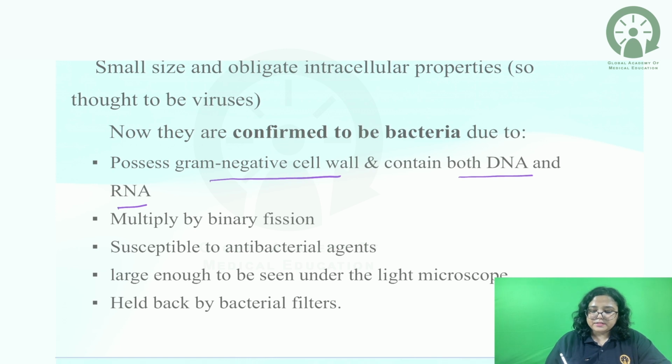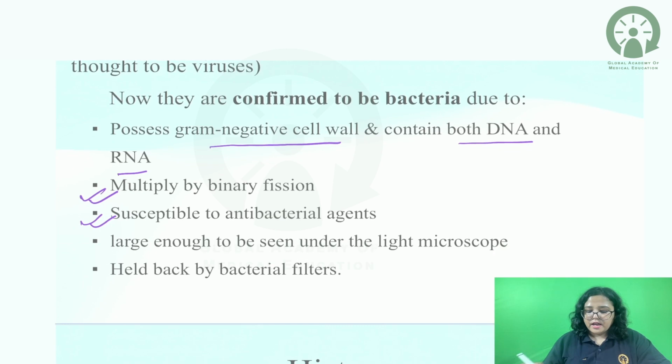Their cell wall contains lipopolysaccharide and peptidoglycan. They multiply by binary fission, are susceptible to antibacterial agents, and are large enough to be seen under the light microscope and held back by bacterial filters. All these properties differentiate them from viruses.